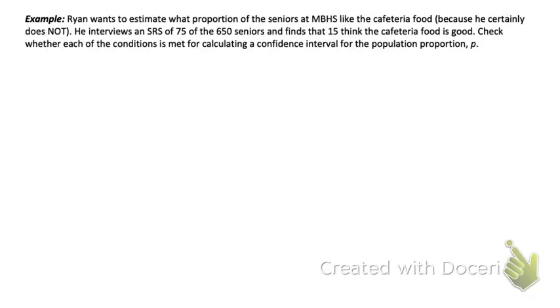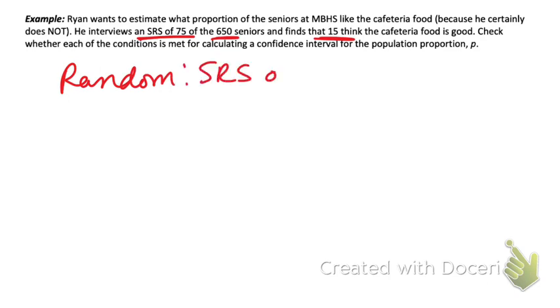Ryan wants to estimate the proportion of the seniors at McKinney-Boyd High School that like the cafeteria food, because he certainly does not. He interviews an SRS of 75 of the 650 seniors and finds that 15 think the cafeteria food is good. Check the conditions. Random, we have an SRS of 75 seniors.